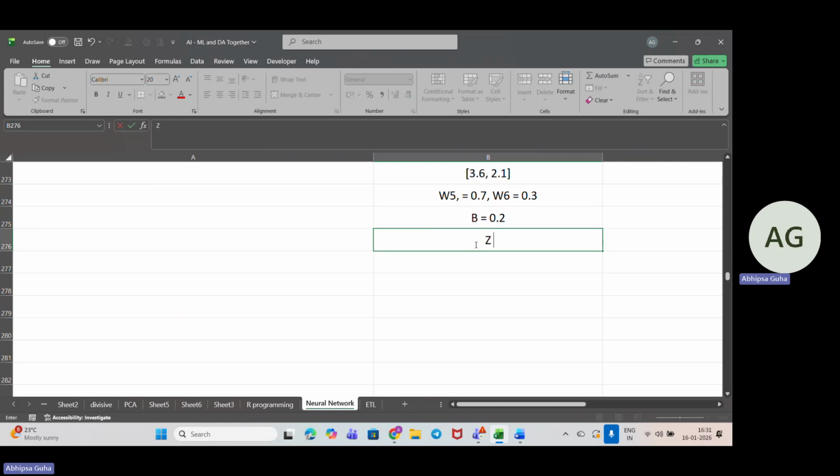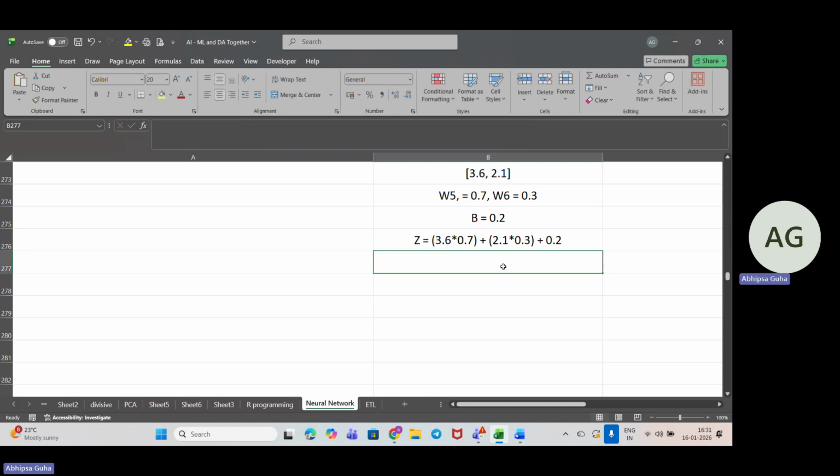So Z is equal to 3.6 into 0.7 plus 2.1 into 0.3 plus 0.2, right?